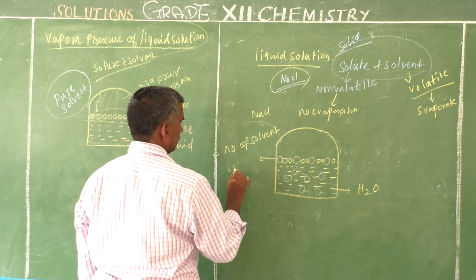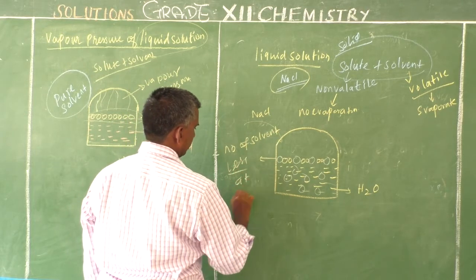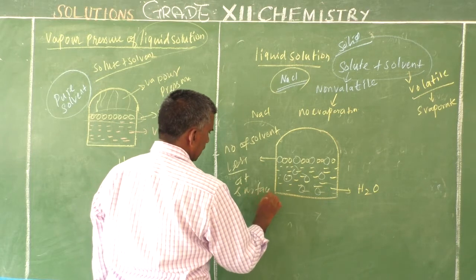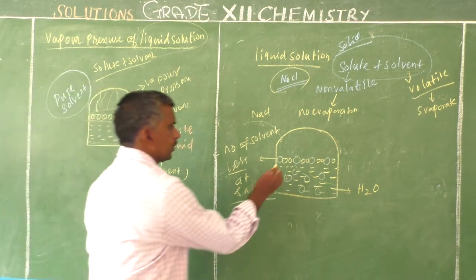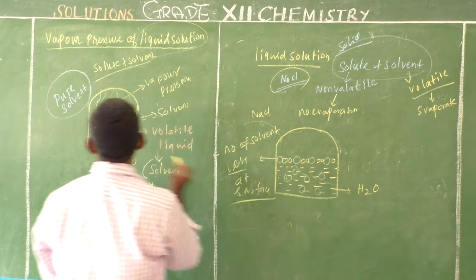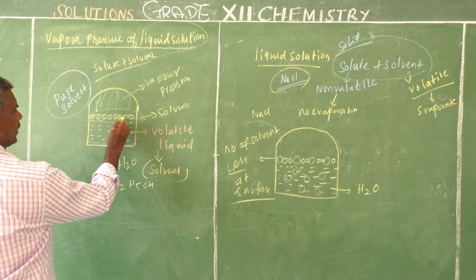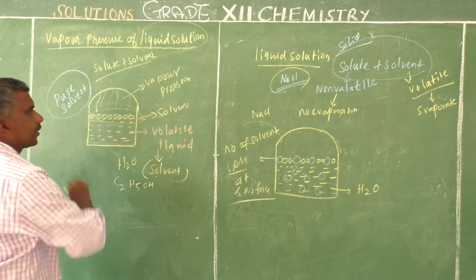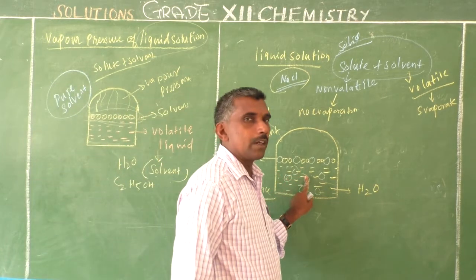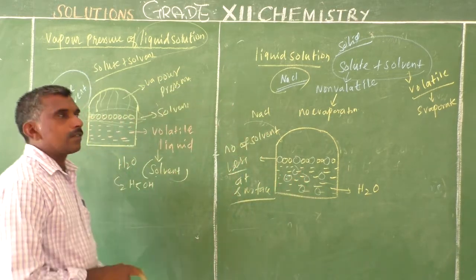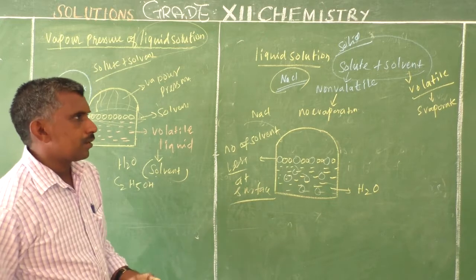For example, in the solution there are 7 solvent molecules at the surface, but in the pure solvent there are 10. So the pure solvent has the maximum, and the solution has the minimum number of solvent molecules.